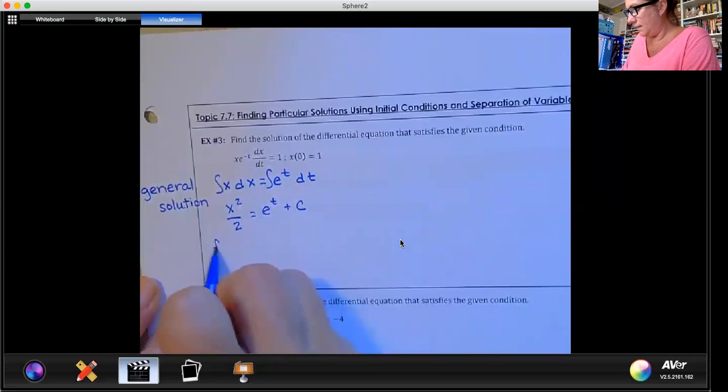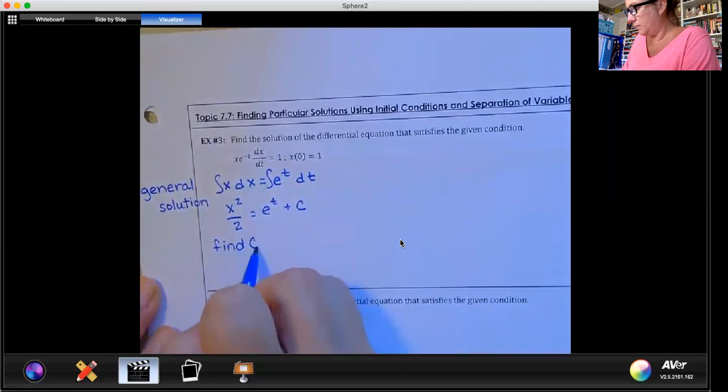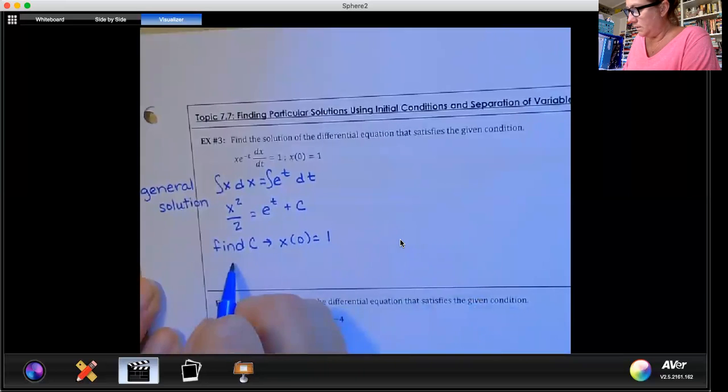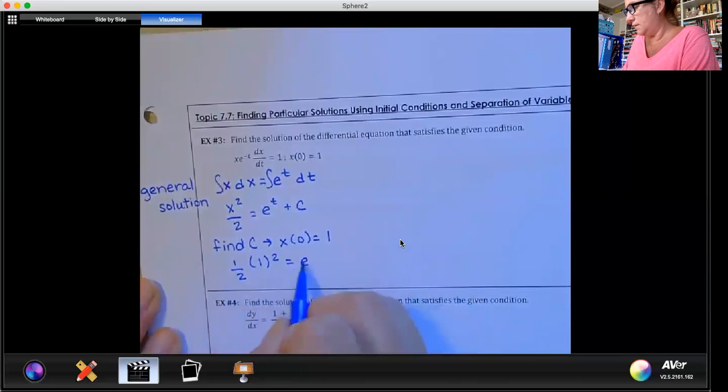All right, now we're going to find c, and we're going to use x of 0 equals 1. So 1/2 times 1 squared equals e to the 0 plus c. E to the 0 is 1, so c is equal to -1/2.